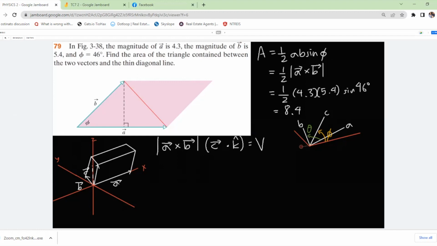So in terms of those angles, yung height ng C ay C sine phi. Tapos yung A cross B magnitude is AB cosine of theta.